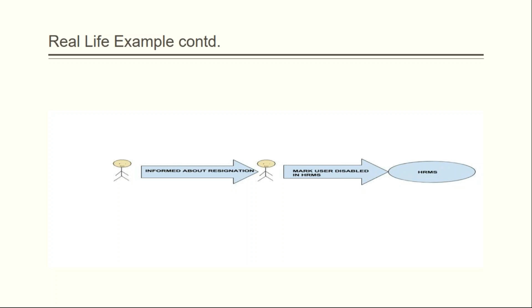When you inform your HR, HR is going to mark us disabled in the HRMS system, saying this user is about to leave, and she is going to set the termination date for the user after a negotiation has been done, right?